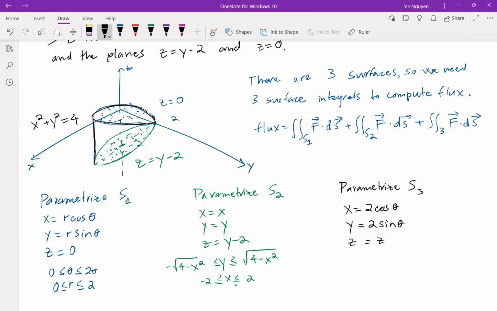That is the last one. So now where does the angle theta go from? The angle theta is from 0 to 2 pi, and then z here is, think of it, you want y minus 2 to 0.